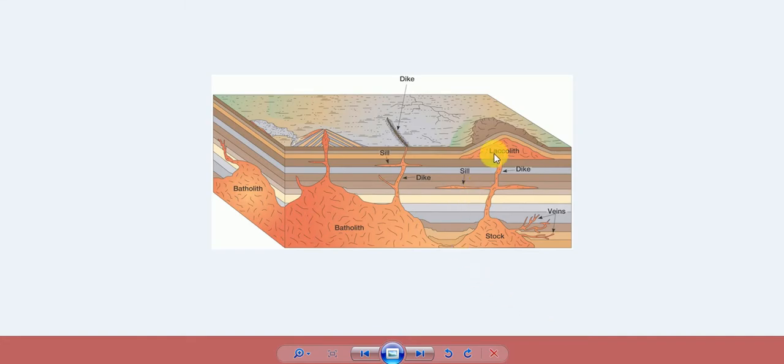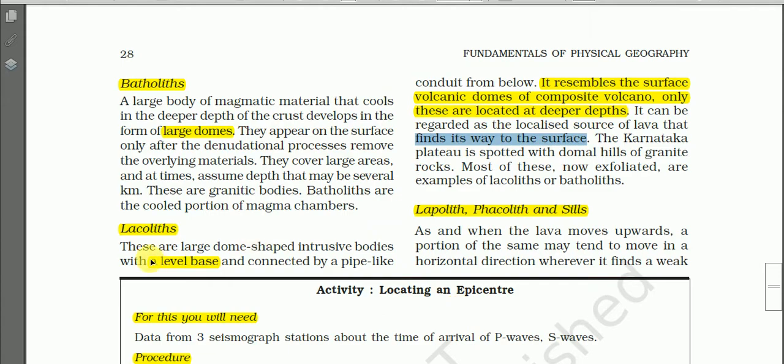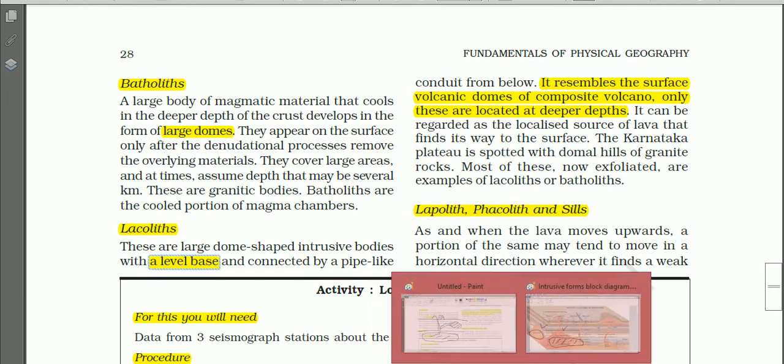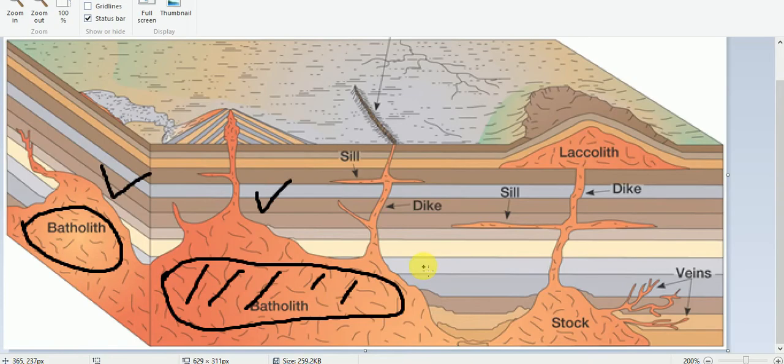See here, the Laccolith is here. I think you are seeing that this base is flat, level. As mentioned here, these are large dome-shaped intrusive bodies with a level base connected by a pipe-like conduit from below. Here the base is level and it is connected by a large pipe, a conduit.